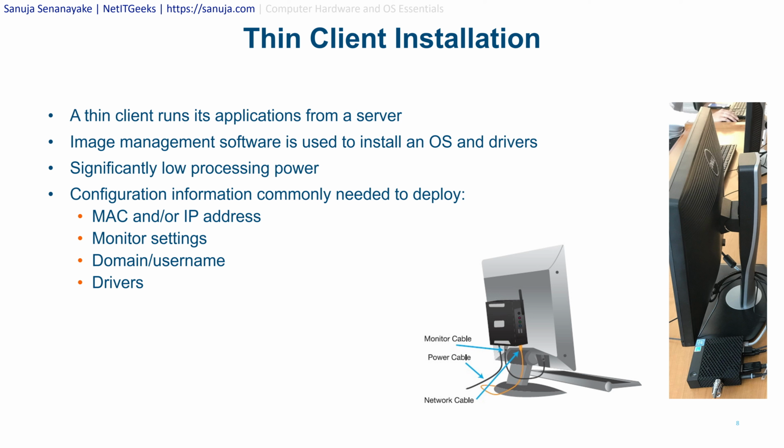Basically, the machine at the cash register does not hold the entire operating system or the entire database. The database is on a server. So it reduces the cost associated with deploying these kinds of machines.